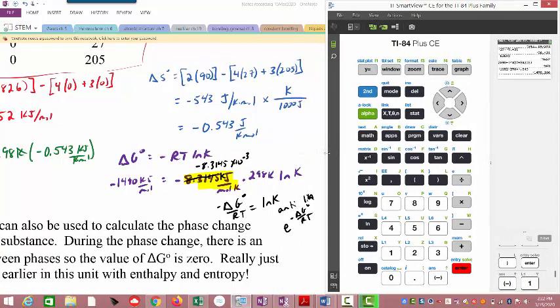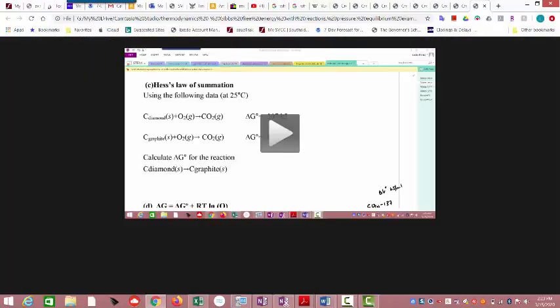Okay. So negative 1490 divided by negative 8.3145 times 10 to the minus 3, also divided by 298.